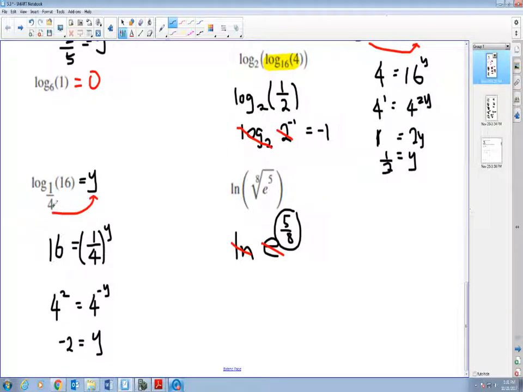See this right here? Okay. In this particular example, the 16 worked out for me because I can make my 16 a base 4, where the bases can become the same, and I can set the exponents equal to each other. But what happens if this is not a 16? What happens if it is a number where I cannot make the base the same?